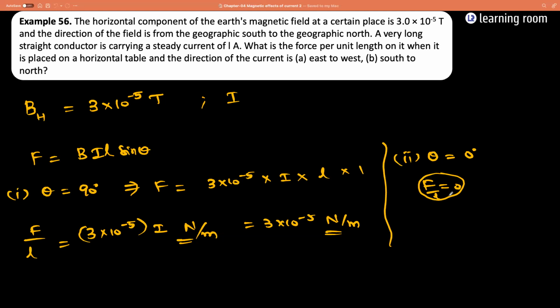So south to north, you can take it as minus J cap. I'm taking for the horizontal. It is away from me, minus K cap. And east to west, I will take it as minus I. Then you can solve the remaining part. Shall I proceed?